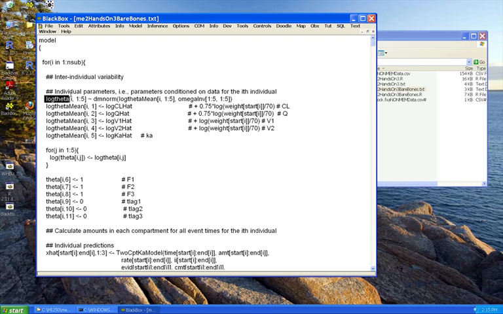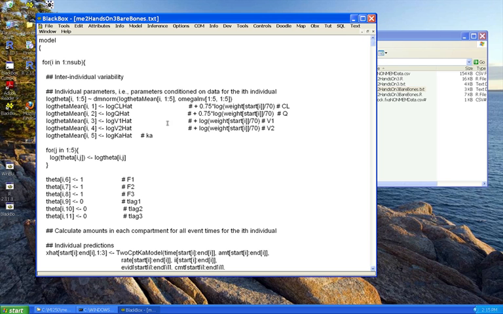The only reason I go through this exercise of assigning these values that I have on the right-hand side into components of a vector is because I have to specify a vector over here at this point, and there's no equivalent to something like the C function that you have with R. There's no equivalent to that within BUGS, so I just have to actually take these values here and assign them to elements of a vector and pass it through that way.